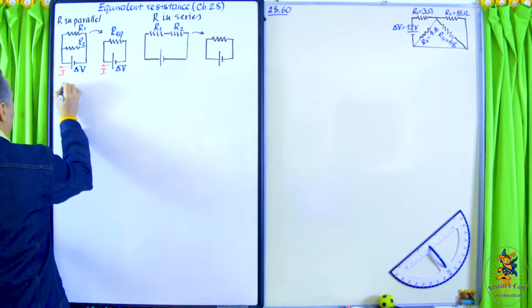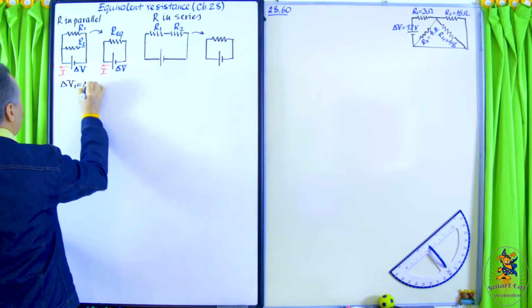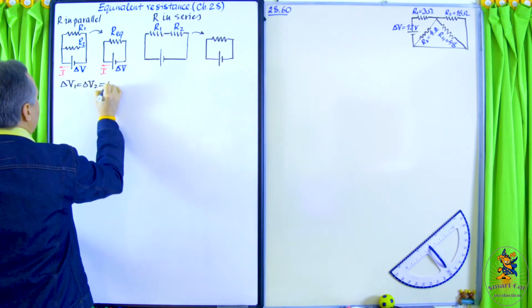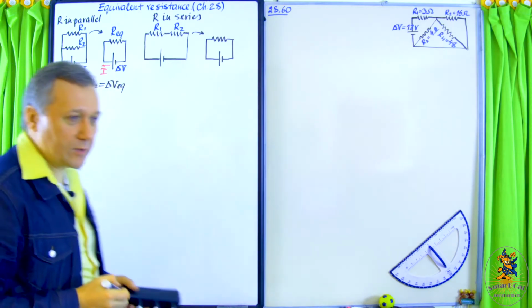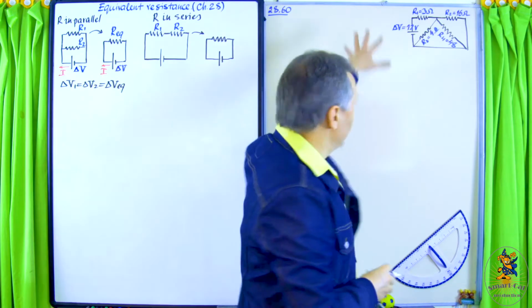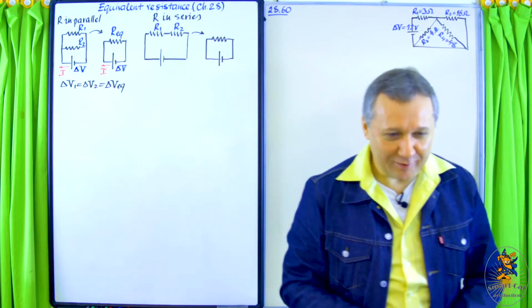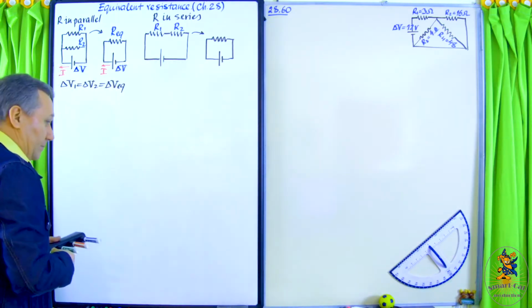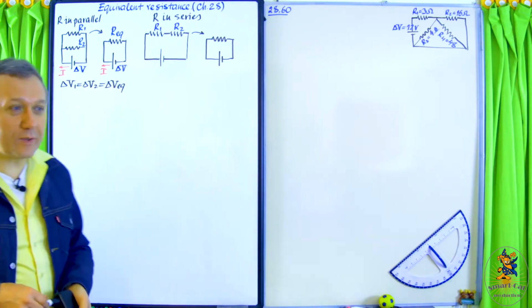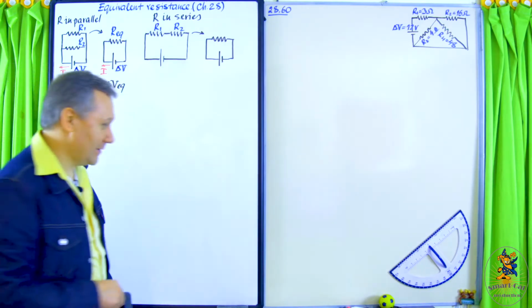So I can write a very important piece of physics: delta V1 equals delta V2 and equals delta V across an equivalent resistor. This very important piece of physics we will need when we start analyzing real circuits. Okay, more or less realistic, not realistic circuits. All right, and then we also derived what? We derived the formula which can be used to find that R equivalent, right?